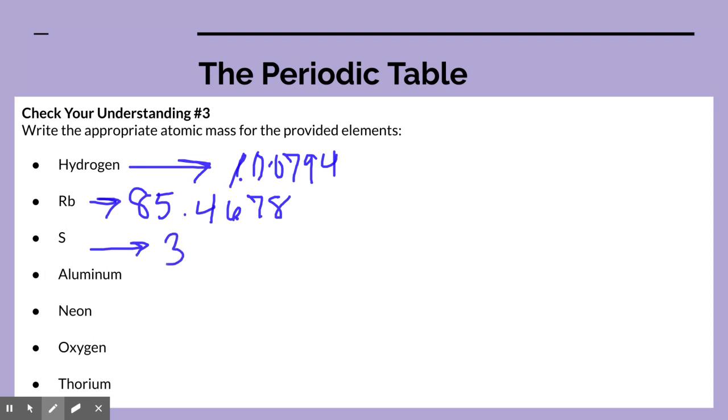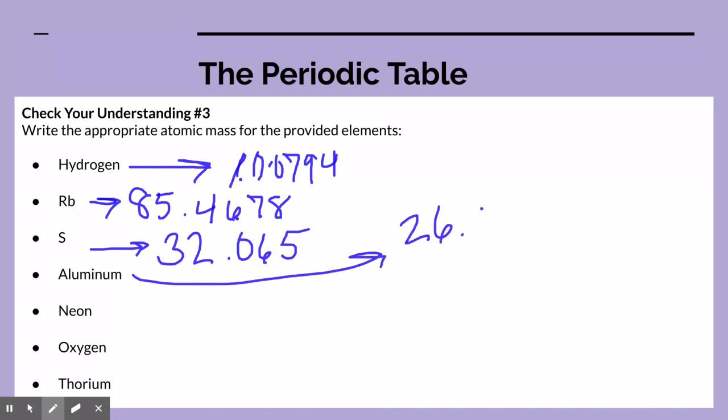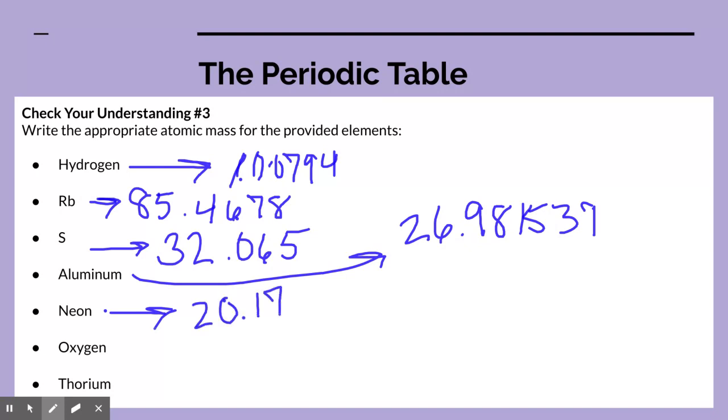Sulfur has an atomic mass of 32.065. Aluminum has an atomic mass of 26.981539. Neon has an atomic mass of 20.1797. Oxygen has an atomic mass of 15.9994.